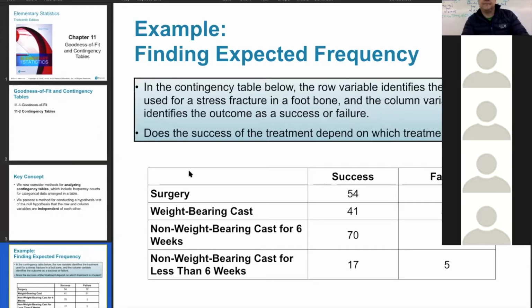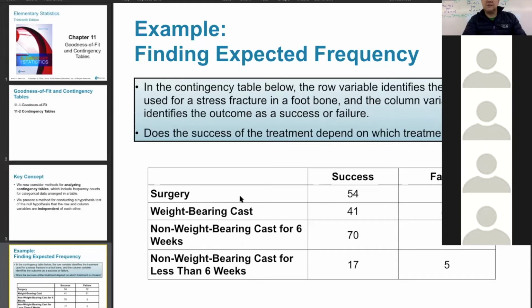Okay, so, example: finding expected frequency in a contingency table. This is an example of a contingency table. In the first column we have surgery, weight-bearing cast, non-weight-bearing cast for 6 weeks, and non-weight-bearing cast for less than 6 weeks.